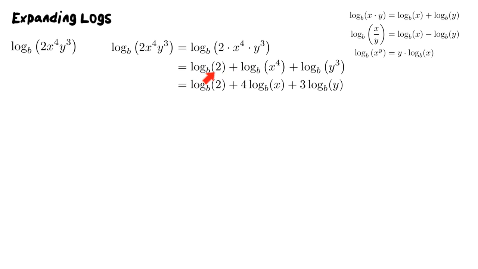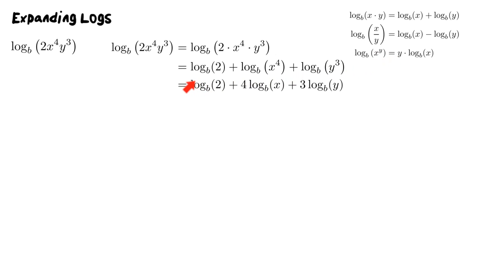It becomes log base b of 2 plus log base b of x to the fourth plus log base b of y to the third. To get from the first line to the second line, I use this multiplication property to split it up as additions. Once I do that, then I can use the power property. If I have a log of something with a power, that power can come down in front and multiply as a coefficient.